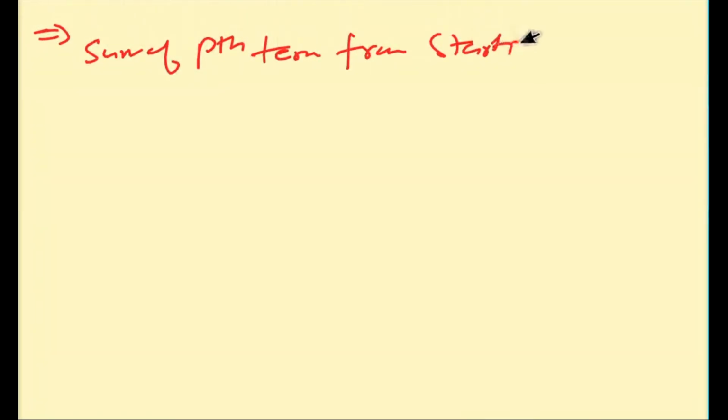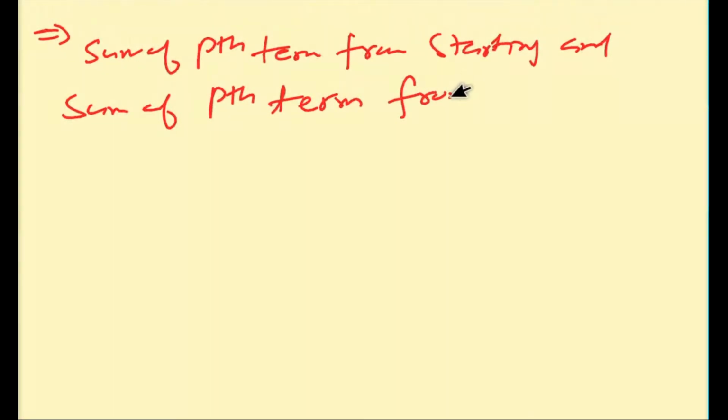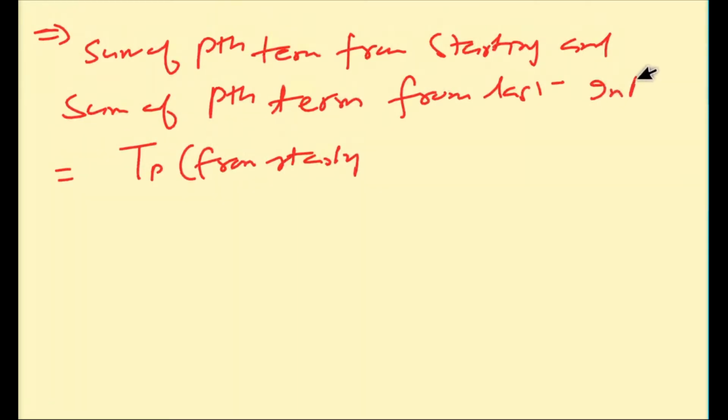Now we will see a special formula: if we find the sum of the pth term from starting and the pth term from last in an AP, so we find Tp from starting plus Tp from last.